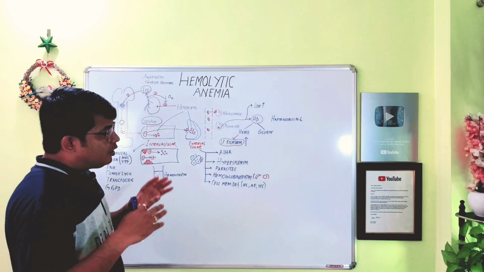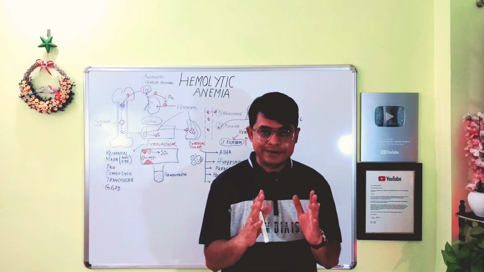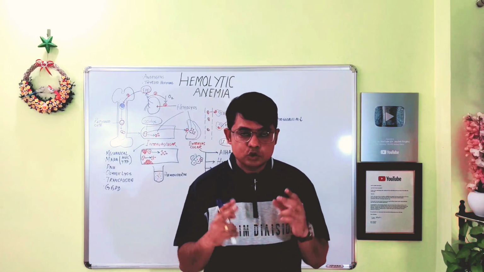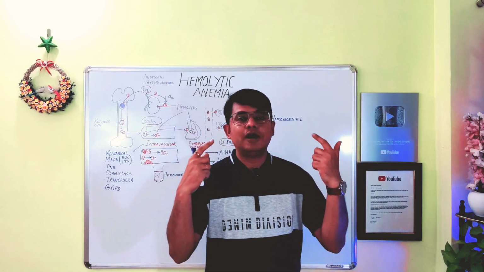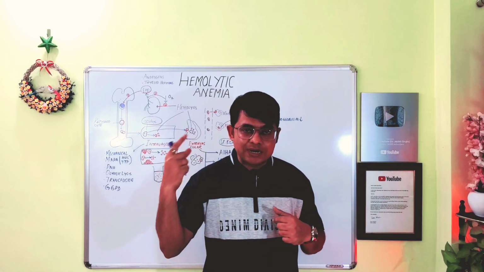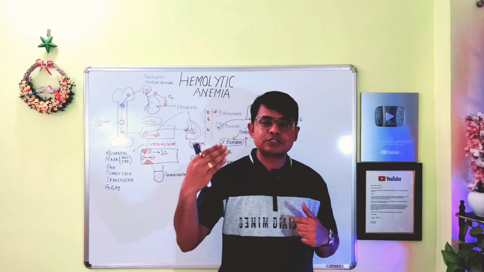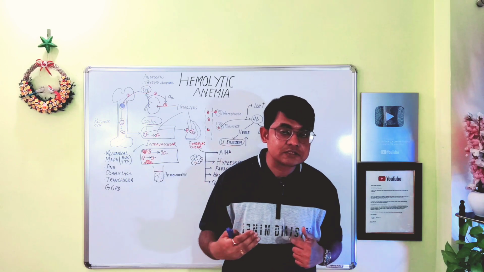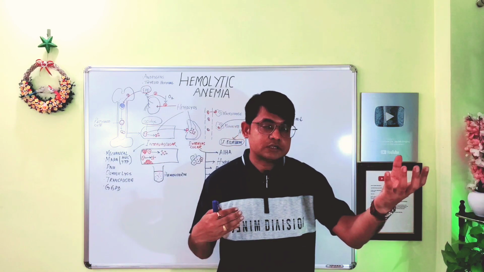Now, before going into the causes of hemolytic anemia, let me tell you there are two basic different mechanisms of RBC destruction. One is intravascular hemolysis, that means there is destruction of RBC within the blood vessels, and another is extravascular destruction.